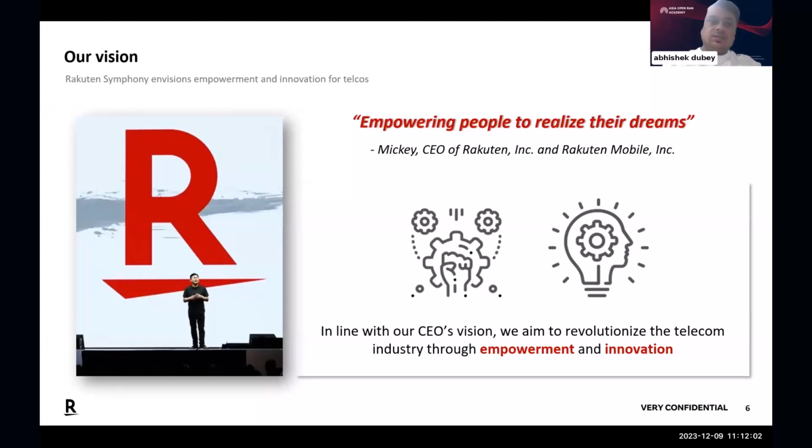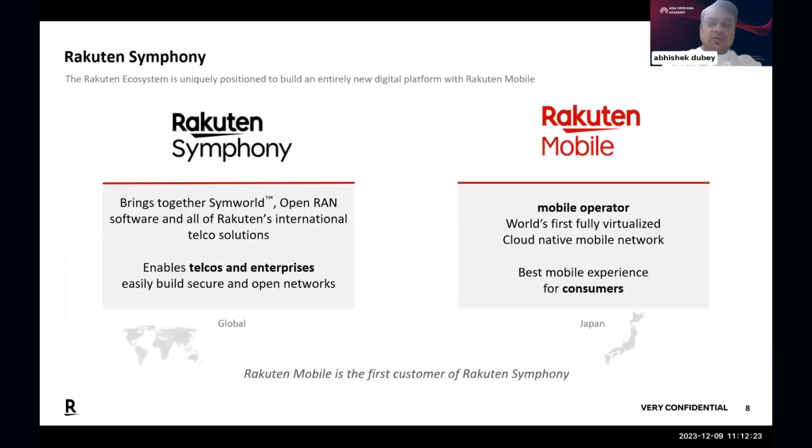It's a necessity, because people have to get the internet to work or to connect to their loved ones. So this is a necessity, and we need to empower people so that they can realize their dreams. All right, let's go with the Rakuten overview.